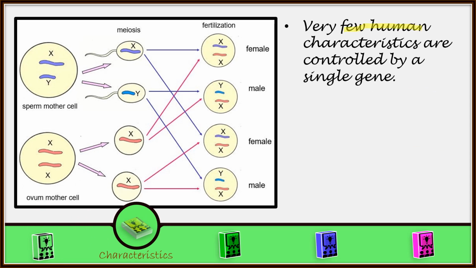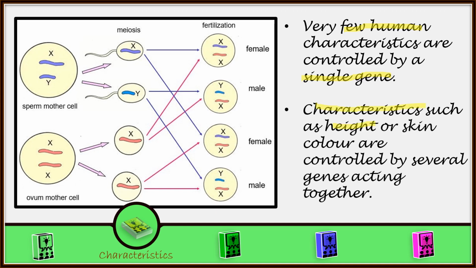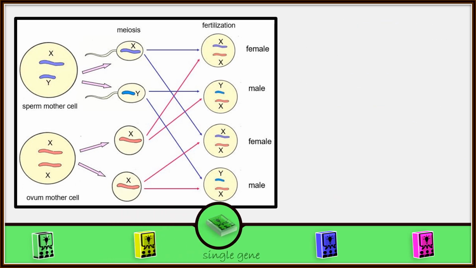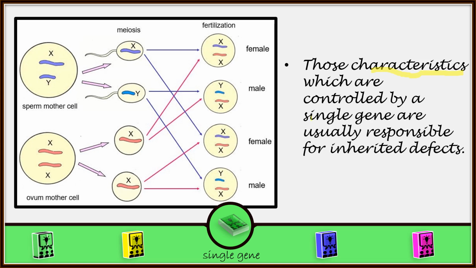Very few human characteristics are controlled by a single gene. Characteristics such as height or skin color are controlled by several genes acting together. Those characteristics which are controlled by a single gene are usually responsible for inherited defects.